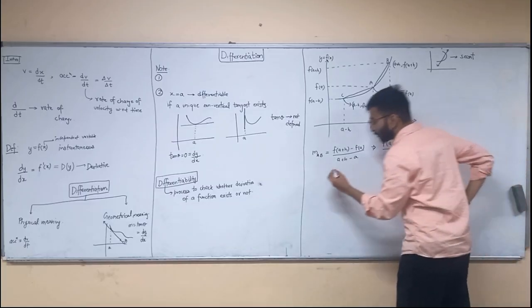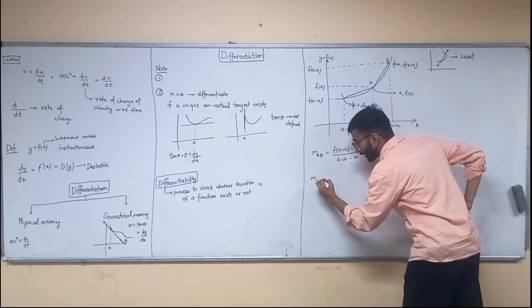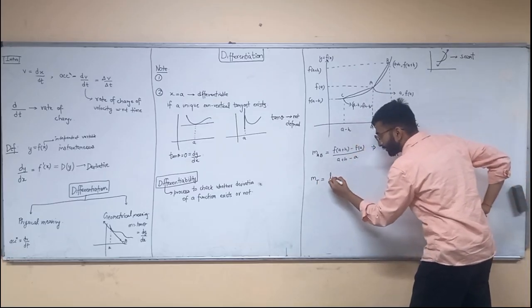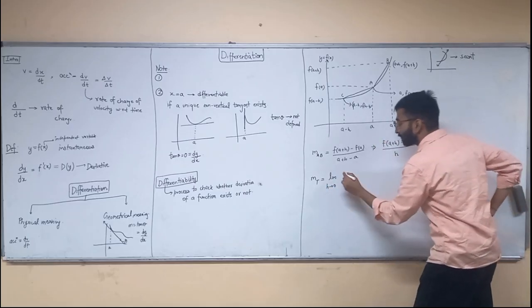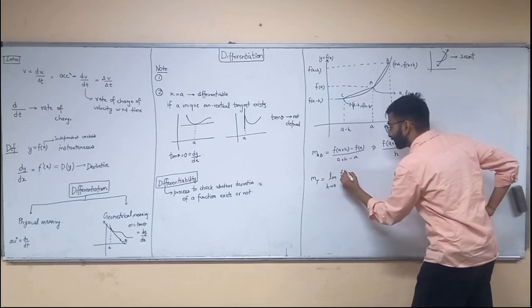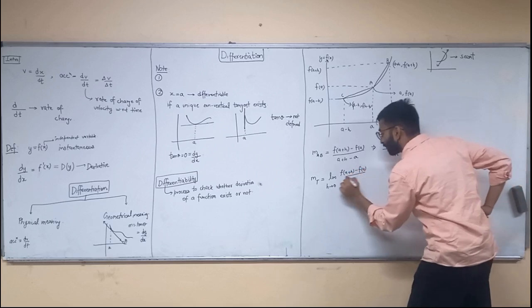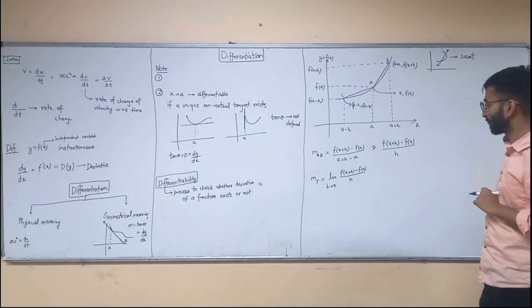So I will try to find m of tangent, the slope of the tangent, and I will limit the value of h to 0 in this m of AB. So it will be limit of f of a plus h minus f of a upon h, where h tends to 0.